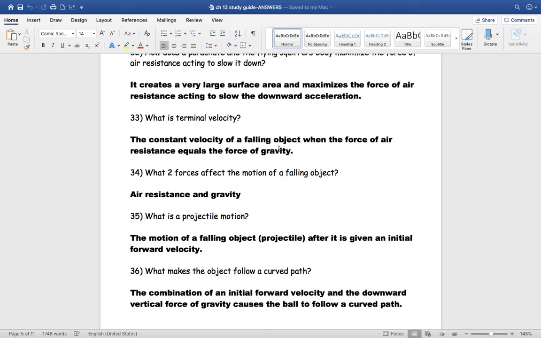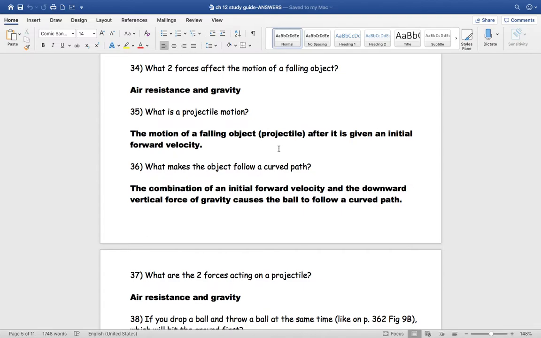34. What two forces affect the motion of a falling object? Air resistance and gravity. 35. What is projectile motion? The motion of a falling object, the projectile, after it is given an initial forward velocity. That just means like a push or a kick or a throw. 36. What makes the object follow a curved path?